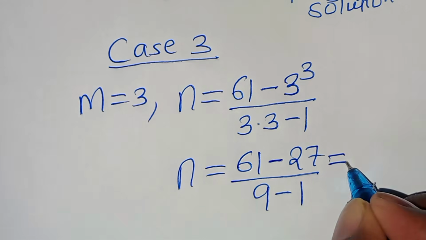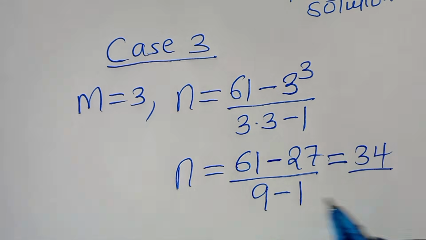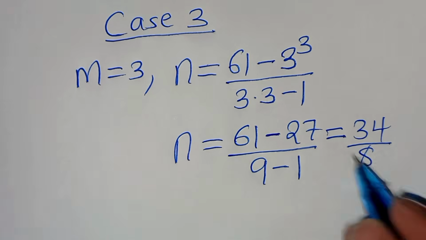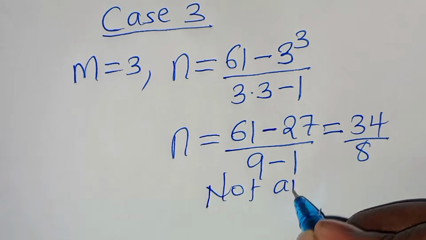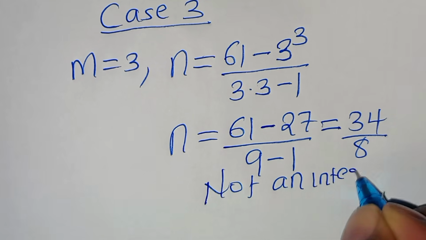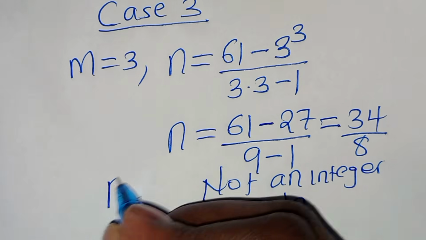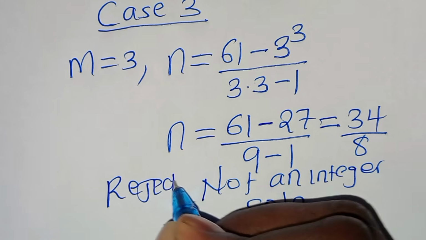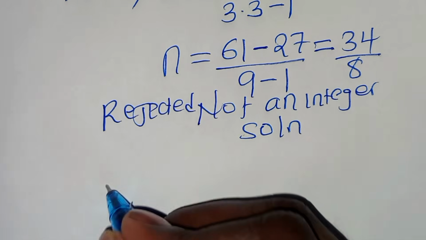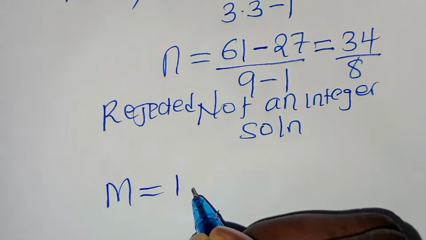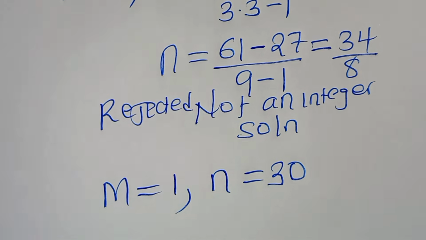This is equal to 34 divided by 9 minus 1, which is 8. Again, this is not an integer solution. So case 3 is rejected. So we have that m is equal to 1, then n is equal to 30.